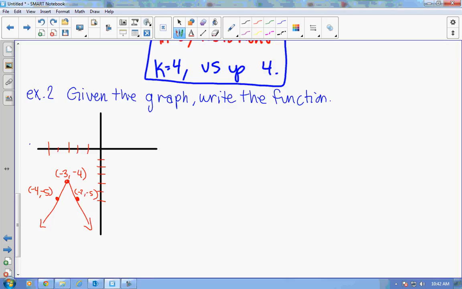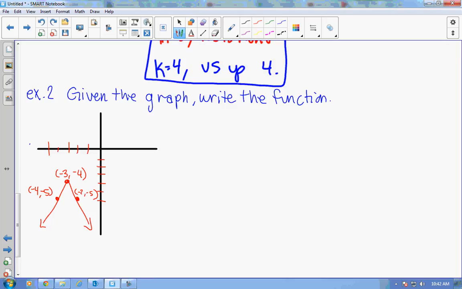Given the graph, we need to write the function. Okay, Carly, what type of function is this graph? Absolute value. See how it's a V shape, absolute value, and value has a V. That's one way to remember. Quadratics are the curved U's.